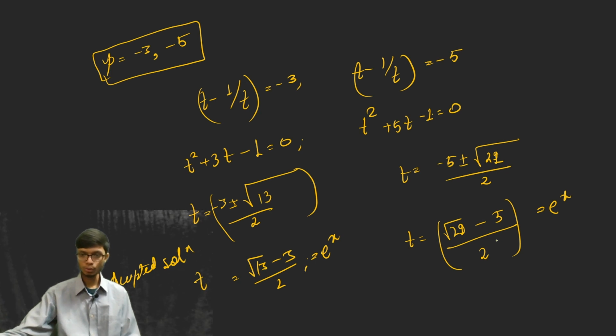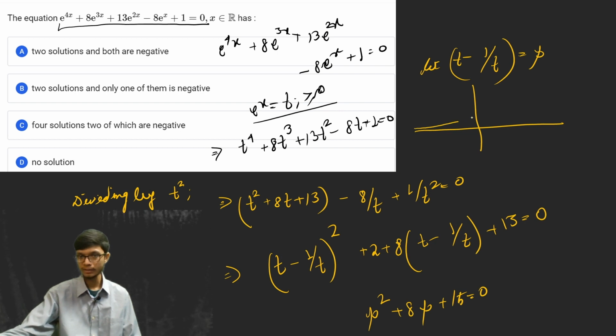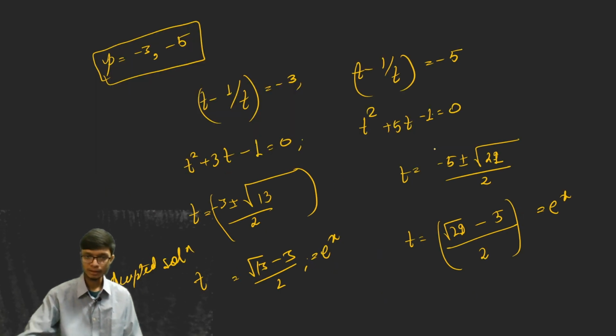Now, to check whether the roots in x are positive or negative, we check whether the value lies between 0 and 1. If it lies between 0 and 1, then the value of x is negative, because if you look at the graph of e to the power x, it is in this fashion. For x belonging to the negative part, the values of e to the power x lie between 0 and 1, where 1 is a closed bracket.